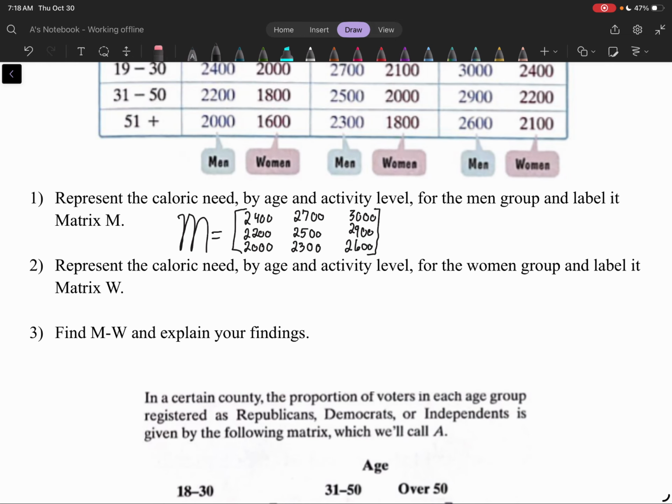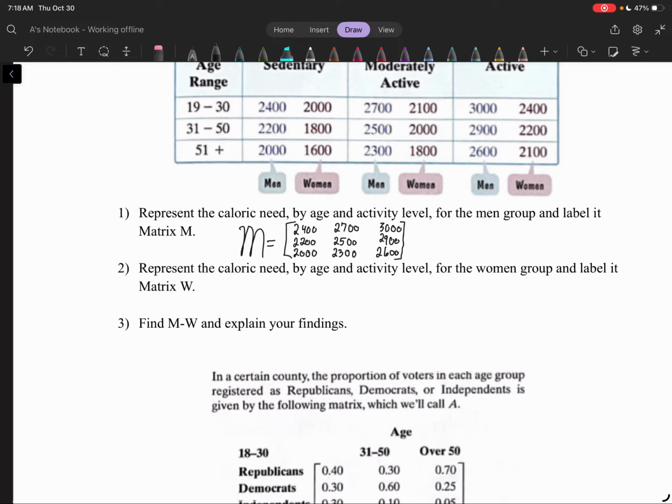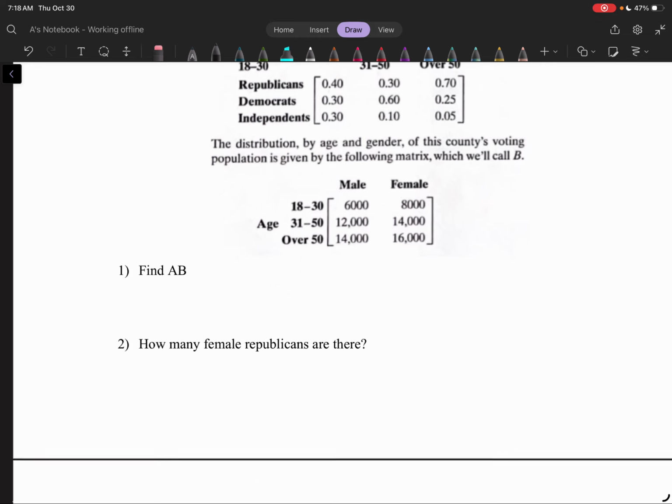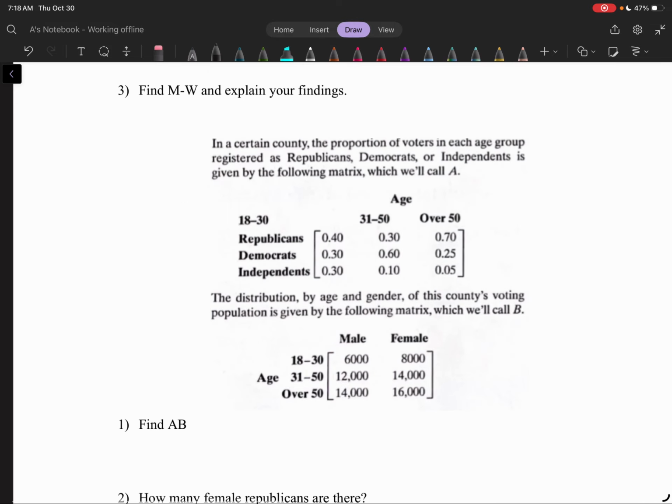Now I'm going to let you try number 2, and I want you to find M and W and explain that. What do you think that means? Now I'm also going to get you to do this problem. So these are real world modeling problems. But something I do want you to notice: on number 2, it says, how many female Republicans are there?